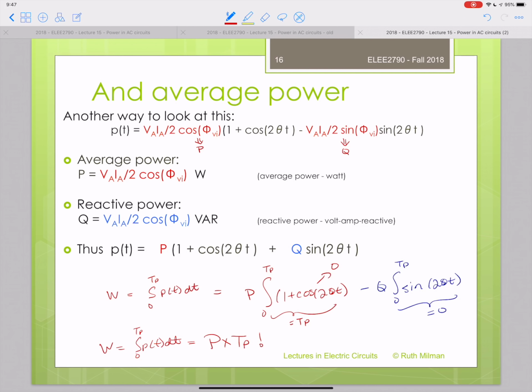In fact, essentially the average work that's done is going to look at the amount of that actual average power P multiplied by the amount of time that it has been active. So that over there is a very critical and important formula.